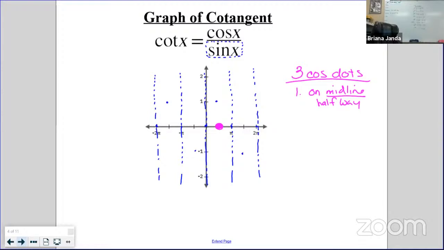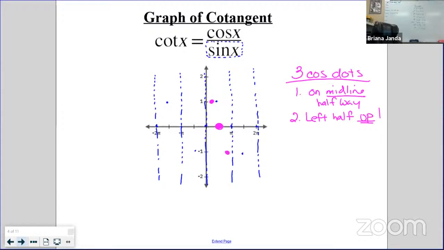And so what happens is your cotangent graph is actually going to decrease between your asymptotes. So the second dot I would do is actually go left halfway up 1. So I go left halfway up 1. There's that pi over 4 comma 1 dot that we had in tangent. 1 is still 1. And then right halfway puts us at 3 pi over 4, down 1.